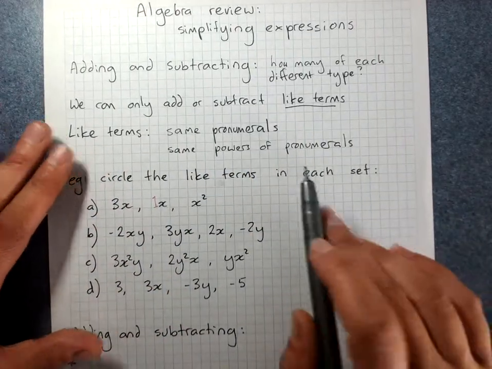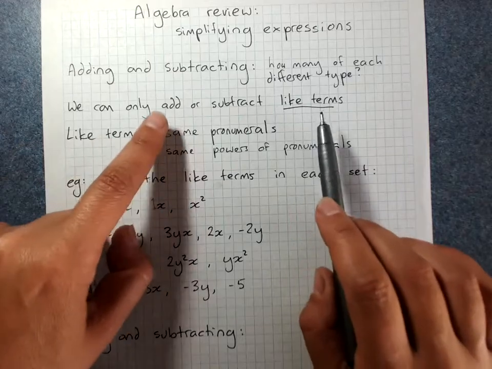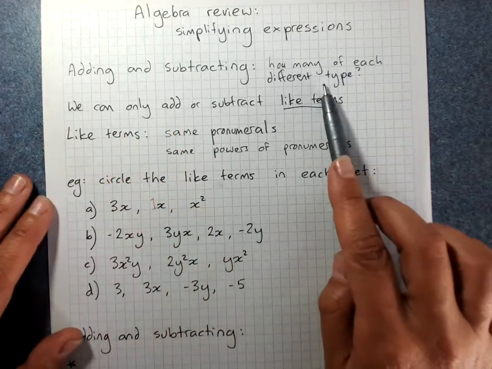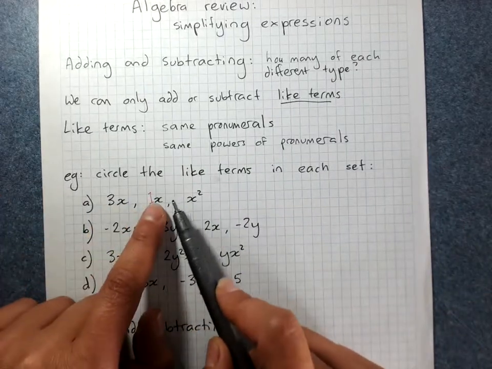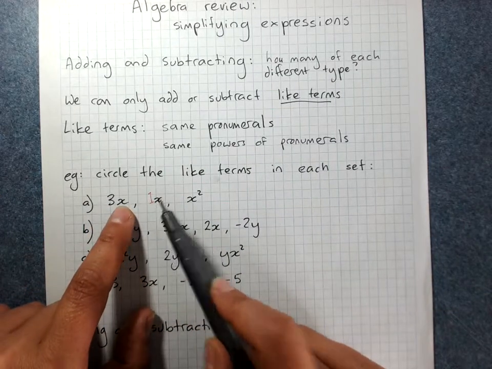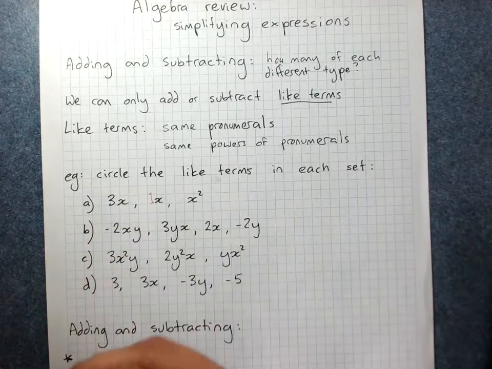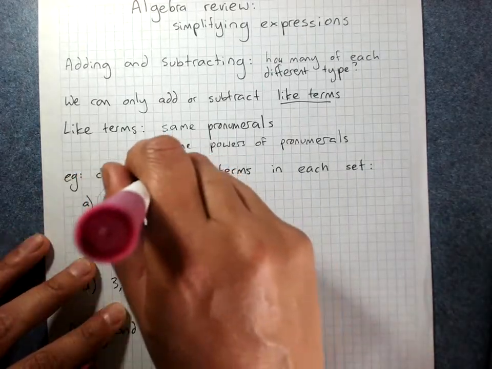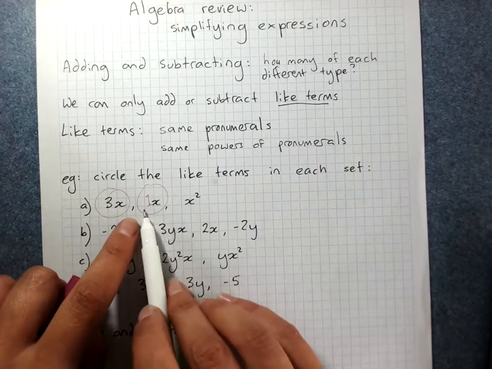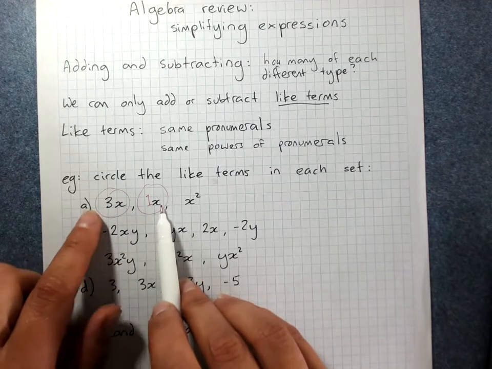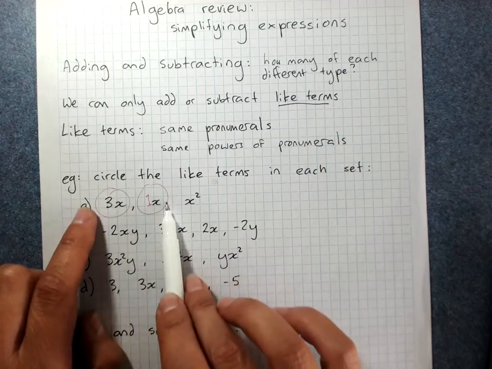When we're adding and subtracting, we can only add or subtract identical things, things of the same type. 3x and 1x are like terms because we're counting the same thing. This is 3 lots of x, this is 1 lot of x. If I added them together, I'd have 4 lots of x.